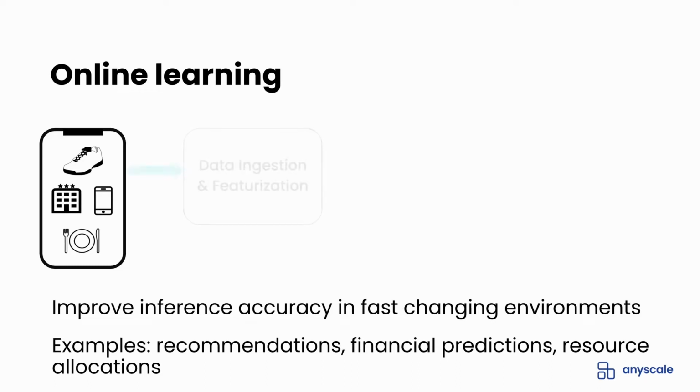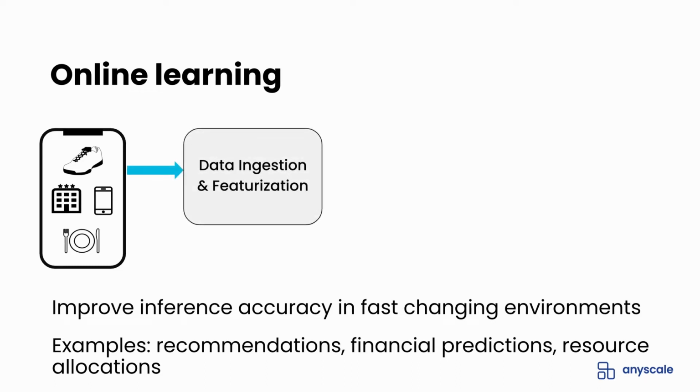At a high level, an online system consists of 3 stages: a data ingestion and featurization stage that preprocesses the logs from users. One example would be which offer the user saw and which offer she clicked on. Then we have a training stage that uses the latest data to update the model.